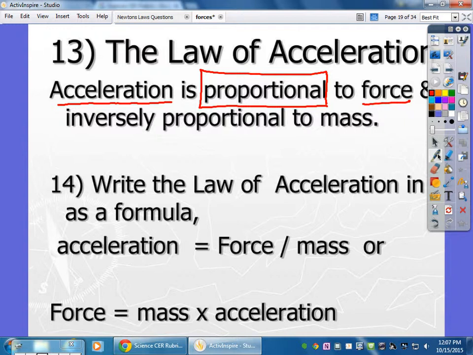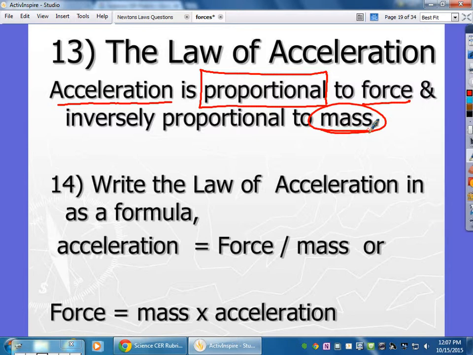Now, it also states that acceleration is inversely proportional to mass. So acceleration is proportional to force, inversely proportional to mass. Inverse is again another mathematic term. It means it's doing the opposite.